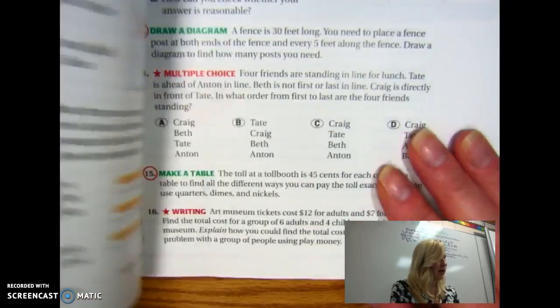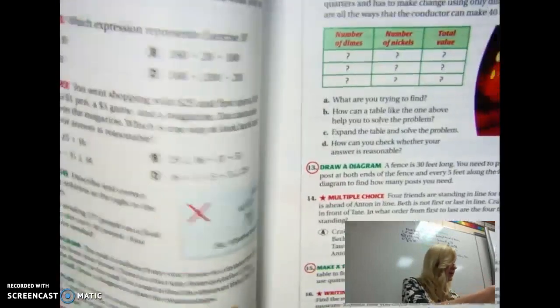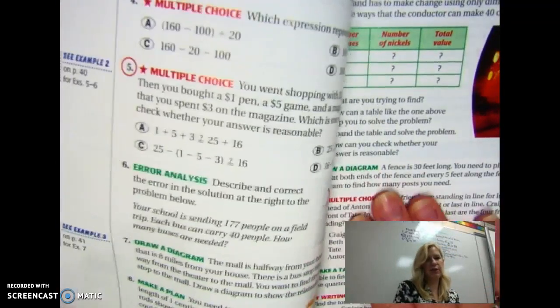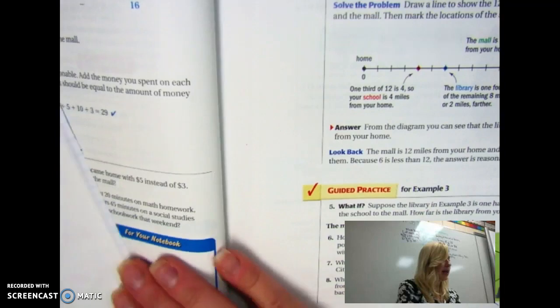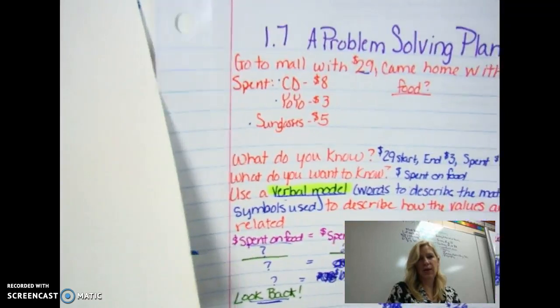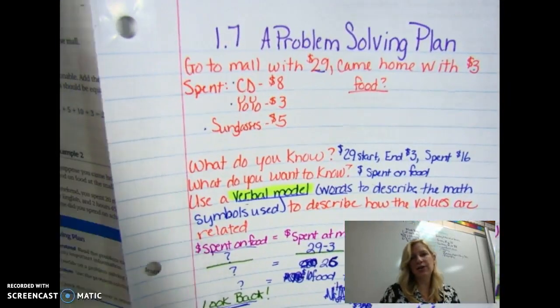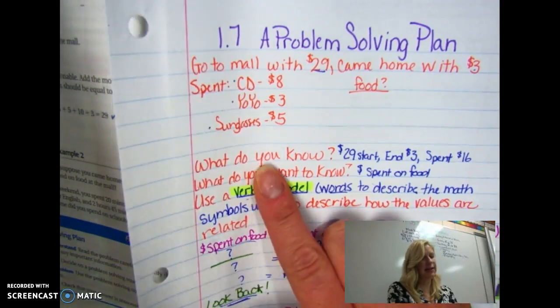So your assignment today is 1.7, and it's located on page 42. Don't forget the look back part of the strategy when you're making your problem solving plan. Please see me if you have questions, but really try in your head to figure out the answer to these questions.